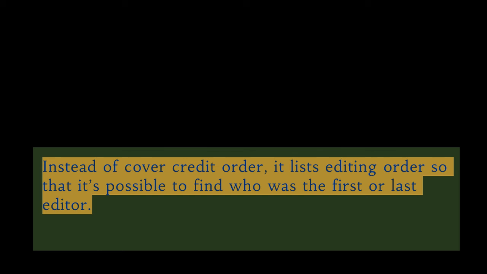The title editors table similarly links the titles and their editors. Instead of cover credit order, it lists editing order so that it's possible to find who was the first or last editor.